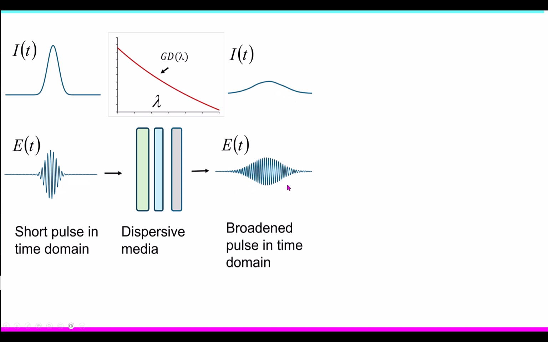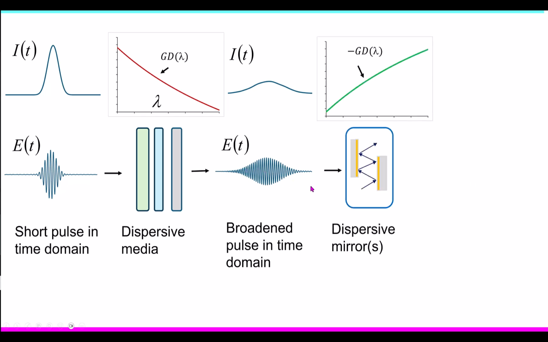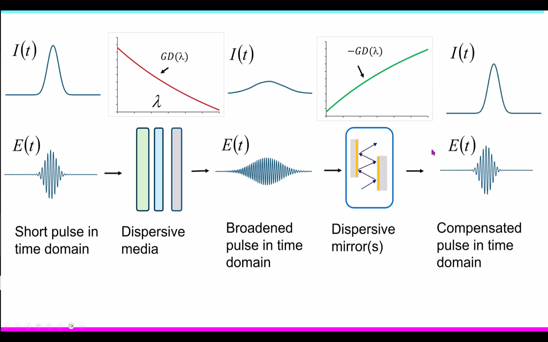So the pulse is getting broader and its shape is changing. If we introduce dispersive mirrors in the laser setup with inverse group delay, the pulse can be compressed to its original size and its original duration.